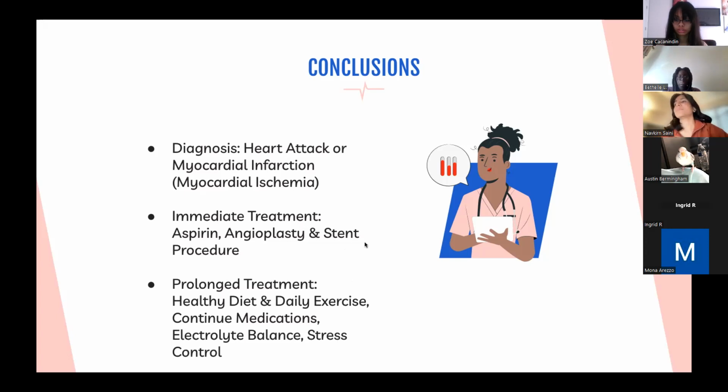And with the stent procedure, there's a wire mesh tube, which is a stent, and that's used to open up an artery during the angioplasty. In some cases, that wire mesh is left in the artery to make sure that it's kept open.